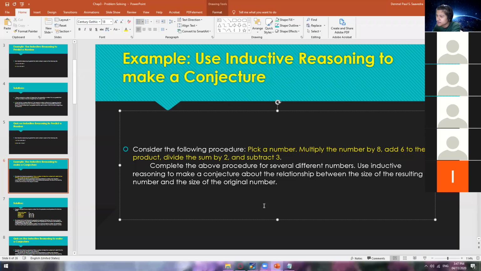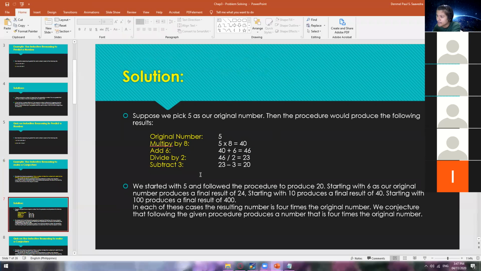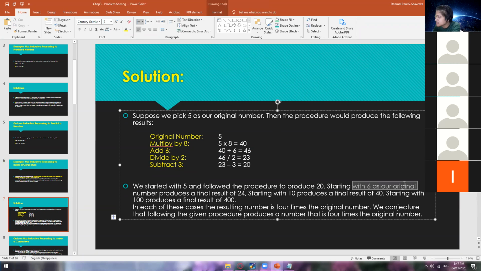If you start with 6 as your original number, it will produce a result of 24, which is times 4. If you started from 10, it will produce a final result of 40, so still times 4. Starting with 100 produces a final result of 400.